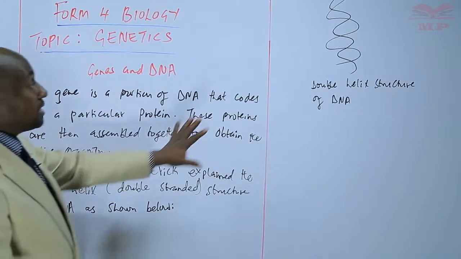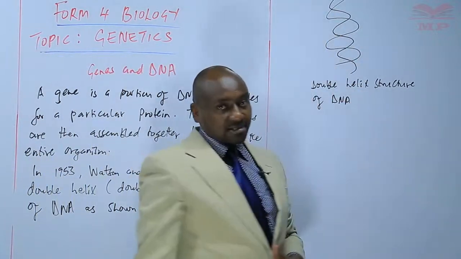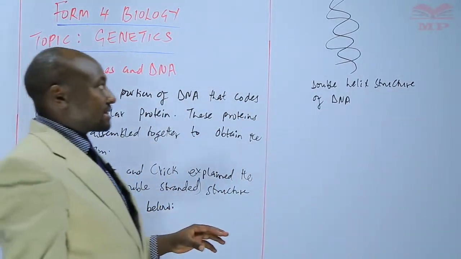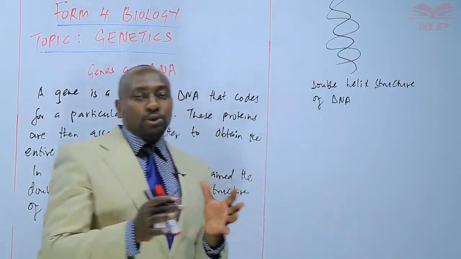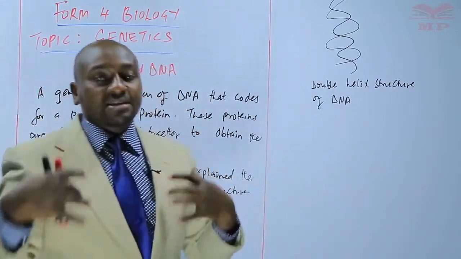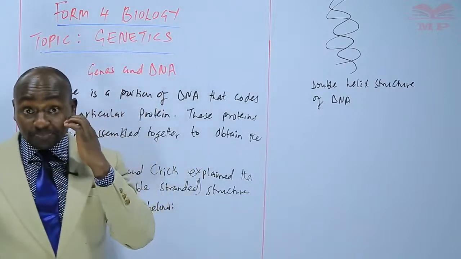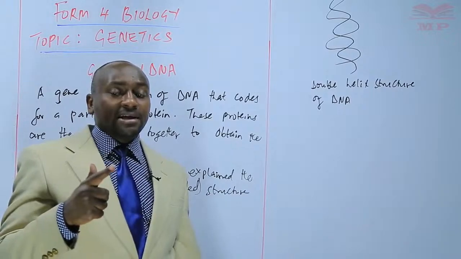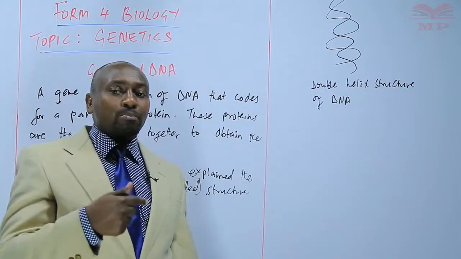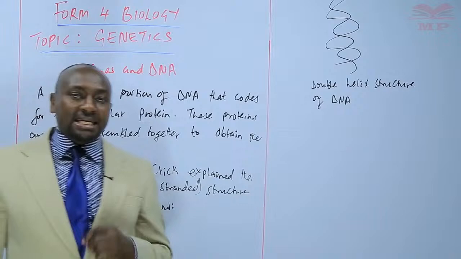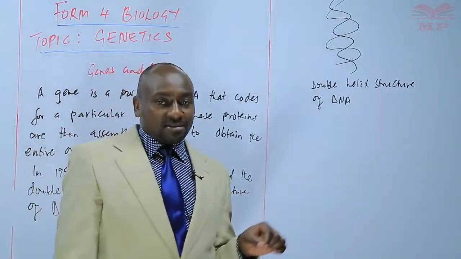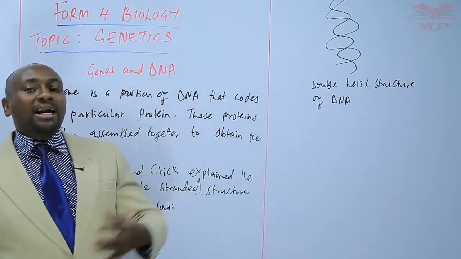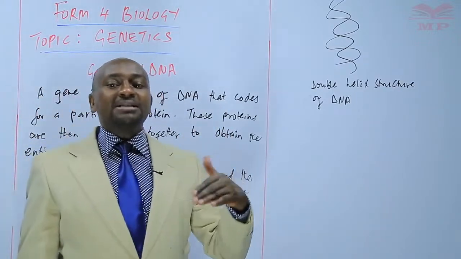So we are saying that along this structure, that's where we have the genes, and those genes are the ones that code for particular proteins, such that when those proteins are assembled together, they determine the characteristics that we have. For example, how dark or how light our skin is as a result of a skin pigment that is known as melanin. So melanin is a protein that determines the skin color. When you go to another protein in our bodies, it determines another trait.